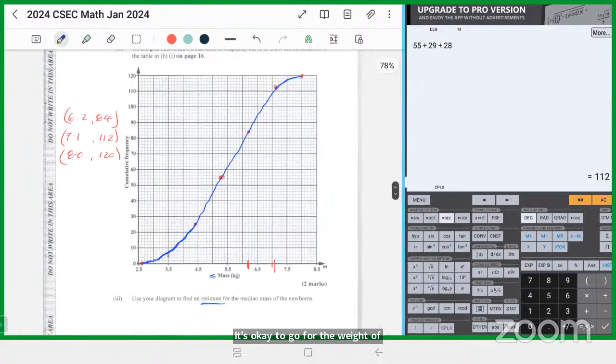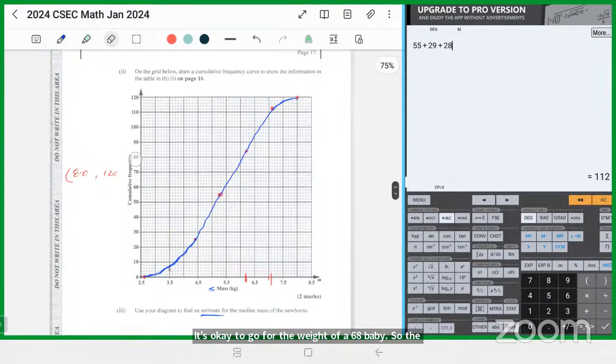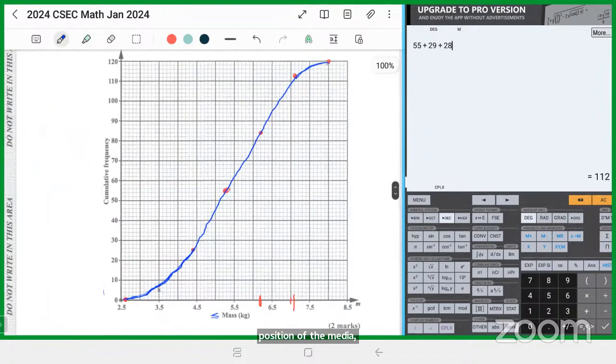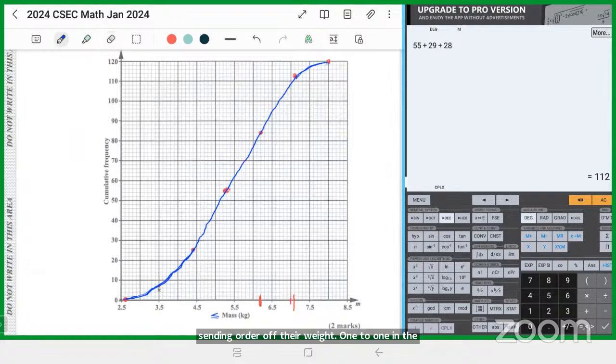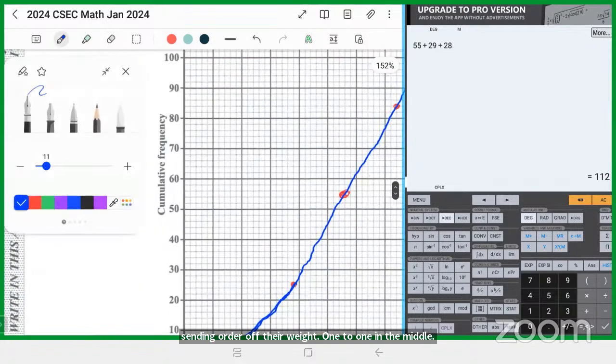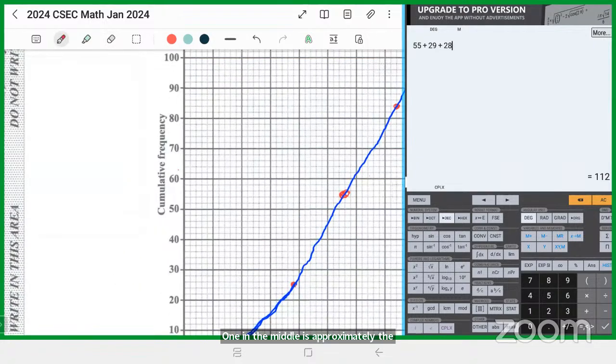The position of the median baby is the 60th baby, since there were 120, the baby in the middle. Remember, these are the newborns in ascending order of their weight. You want the one in the middle. The one in the middle is approximately the 60th one right here, half of 120. That is the position of Q2.